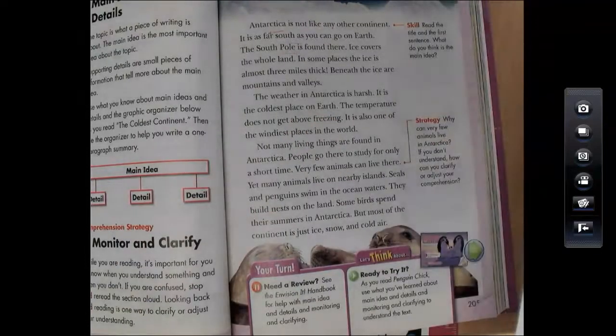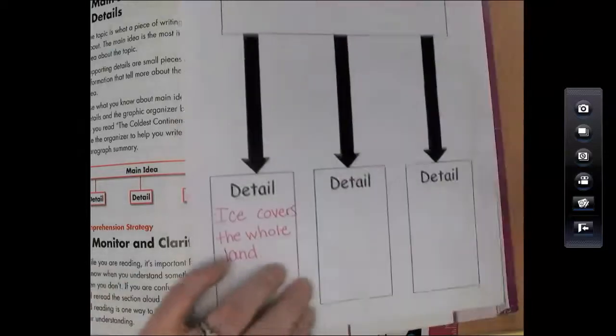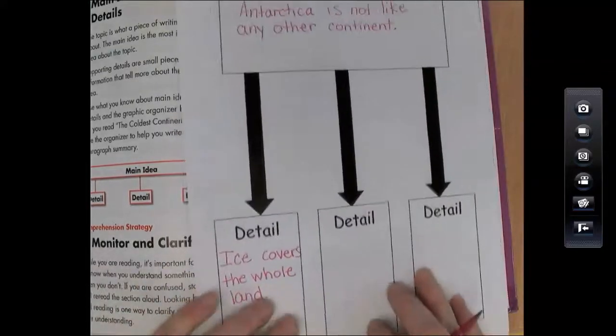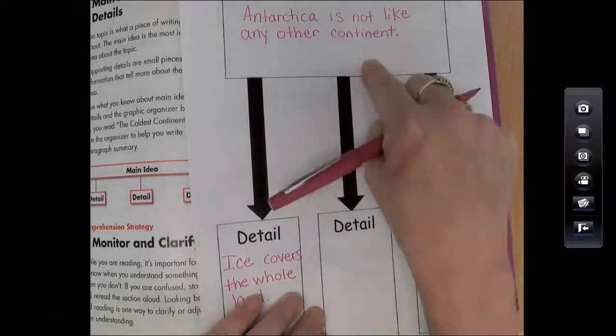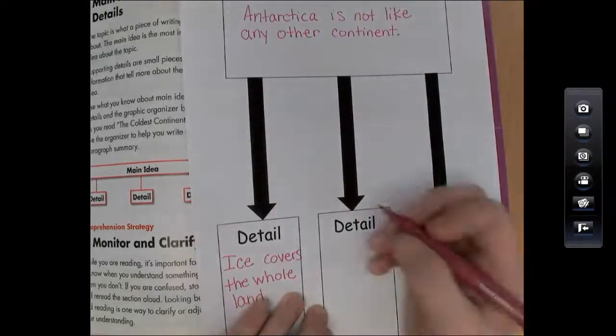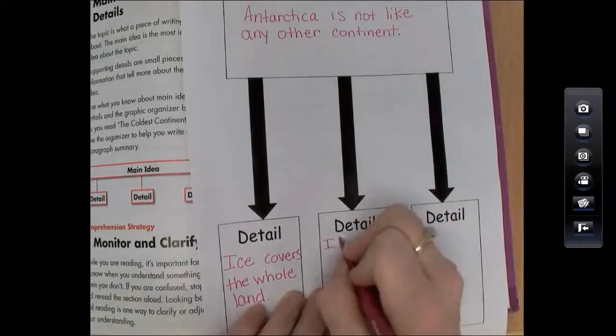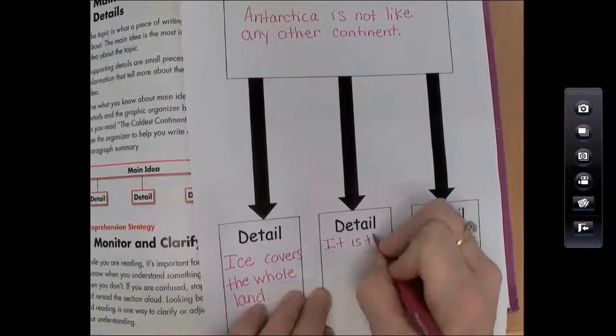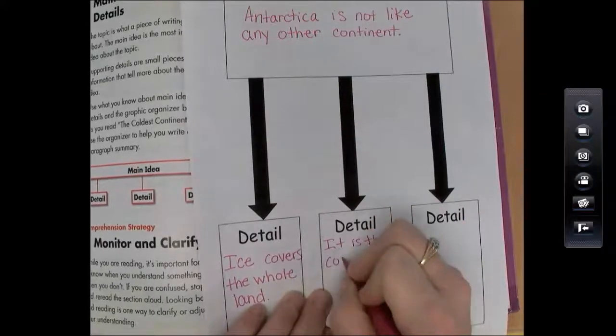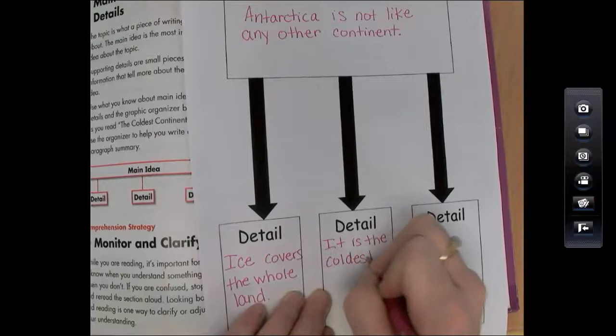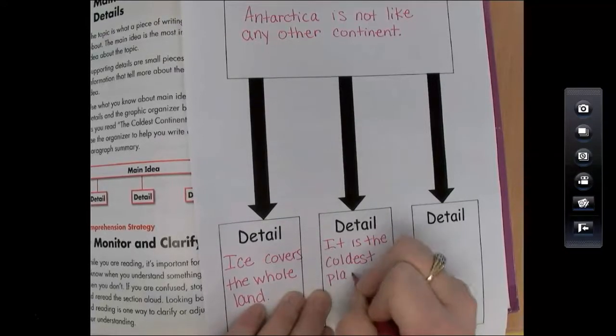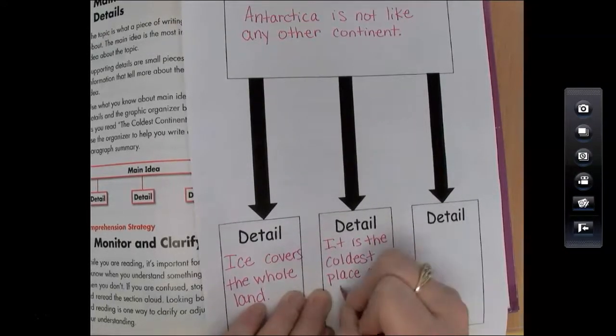That makes it not like any other continent because it is the coldest place on Earth. So that is another detail that goes back to our main idea. It is the coldest place on Earth.